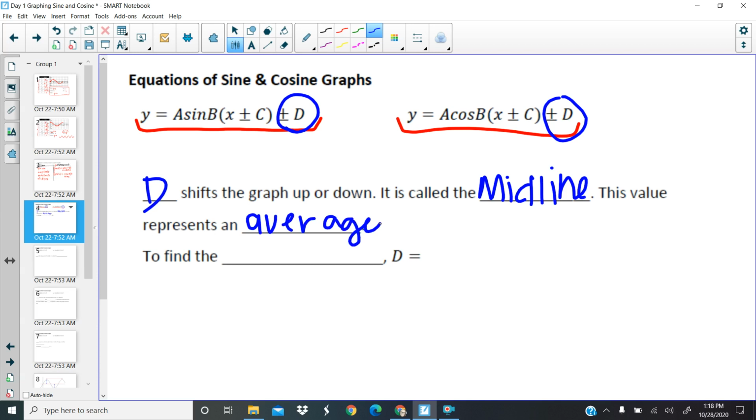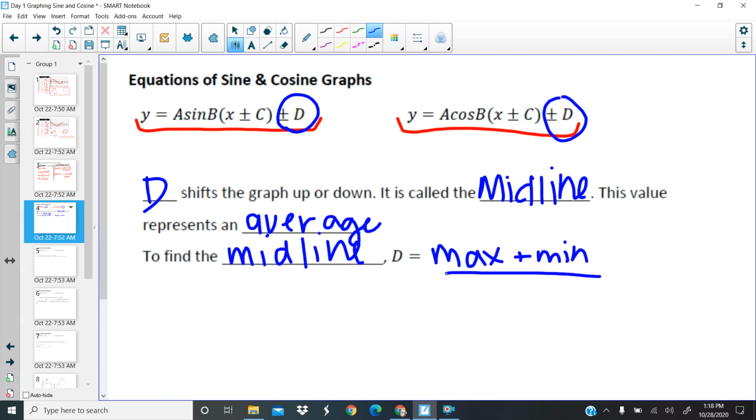So the midline is going to represent an average. And then to find the midline, one method you could do if it wasn't necessarily given to you is you can add the maximum and the minimum, and divide by 2. And in that scenario, again, you're just finding the average of the maximum and minimum. So remember that the midline is going to represent an average.